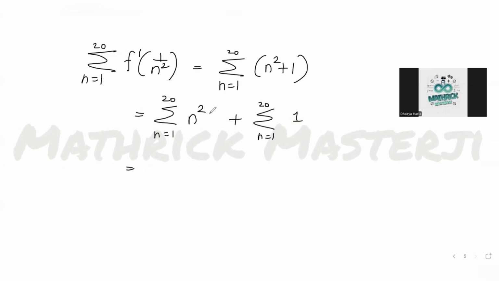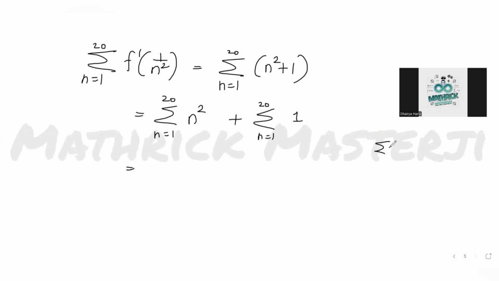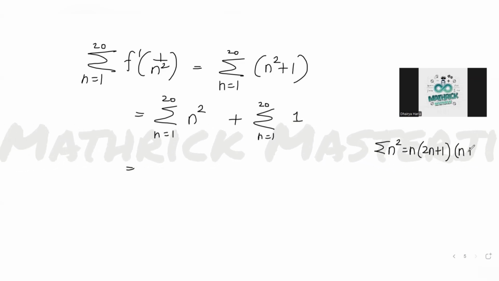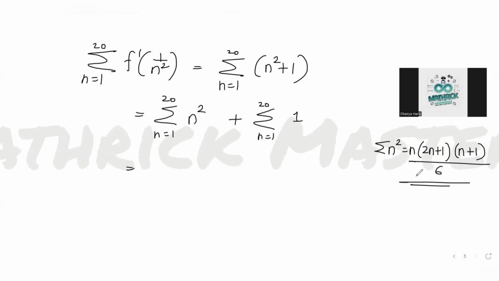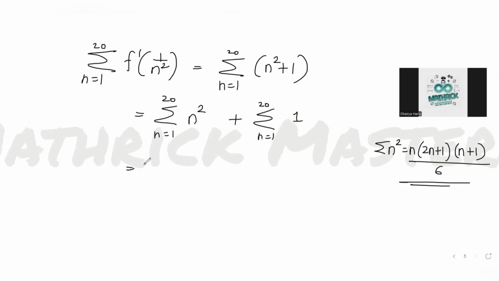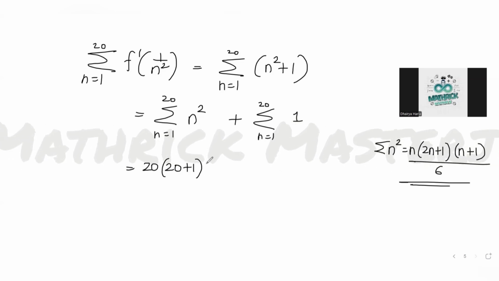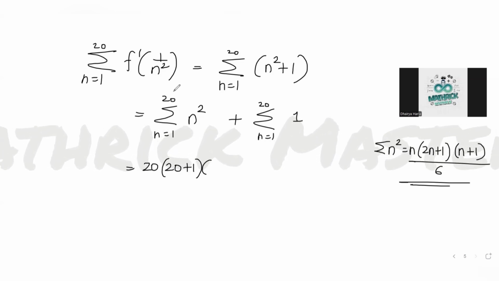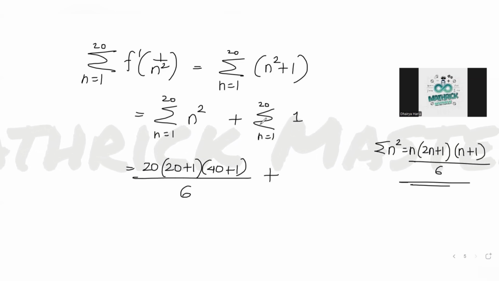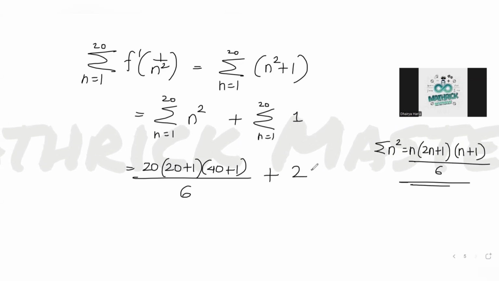So we know the summation of n square from 1 to 20 is n into n plus 1 into 2n plus 1 over 6. So here I can write that as 20 into 20 plus 1 into 2 times 20, which is 40, plus 1 over 6, plus the summation of n equals 1 to 20 of 1, which means 1 is added 20 times, which is just 20.